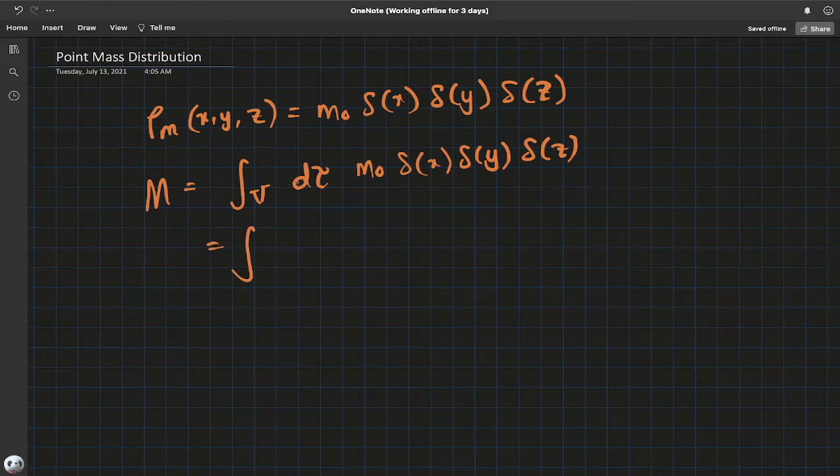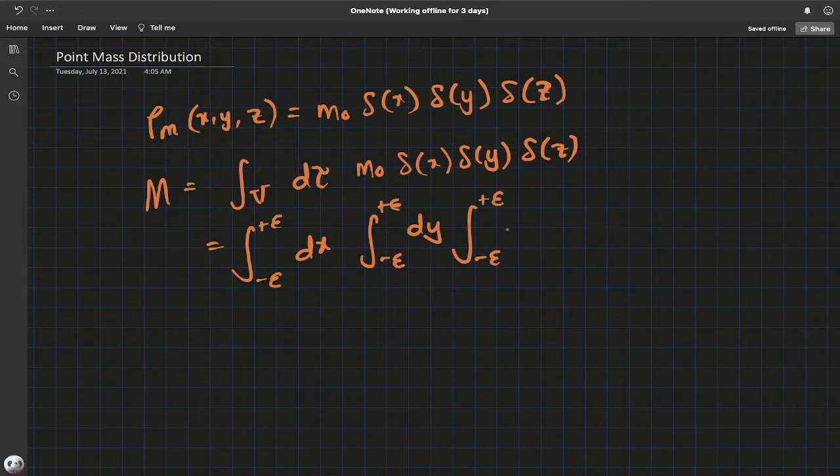Since this is a Cartesian coordinate system, we can write the d tau as dx, dy, dz. So negative epsilon to plus epsilon, we're taking an arbitrarily small neighborhood for each of those, dx, dy, and dz, because the 0 of all three deltas is at the origin. So we're taking an arbitrary neighborhood around the origin.